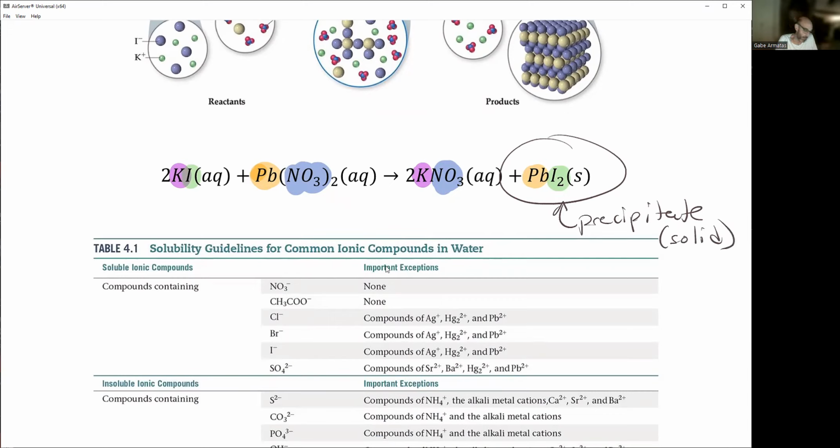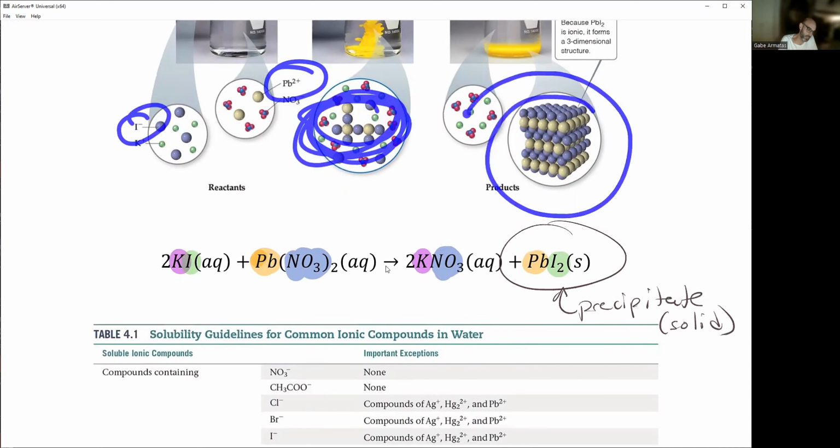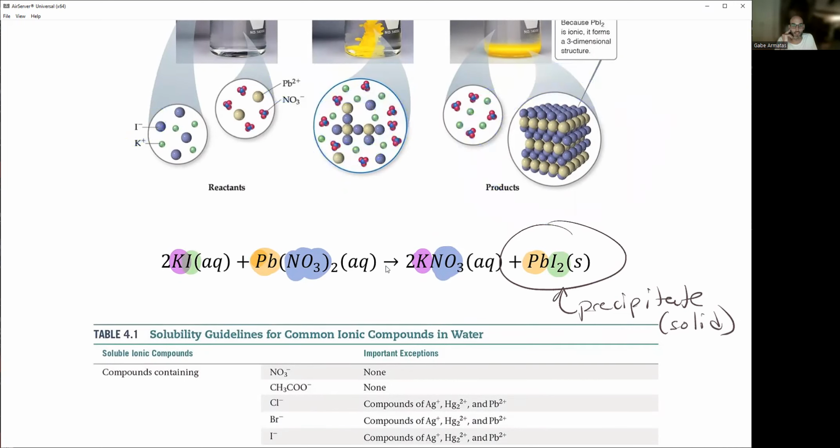Turns out when lead and iodine find each other in solution, they start to solidify until you create this solid. Okay, so you create this ionic solid out of lead iodide. A precipitate forms because lead and iodine don't like to stay in water, but they do like to find each other. The preference is to join together and form a solid.